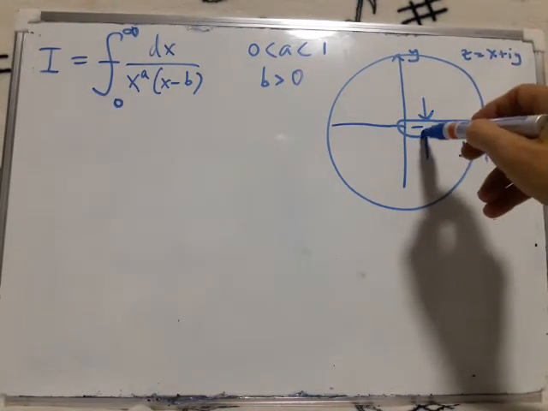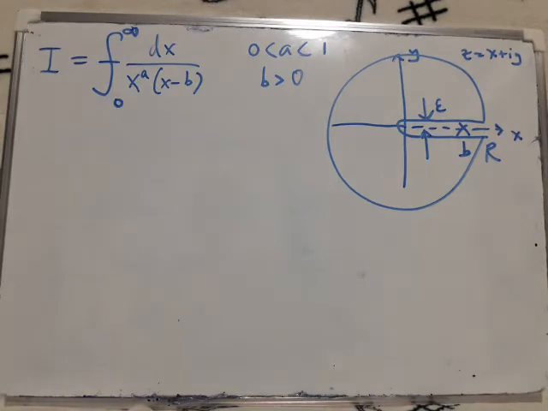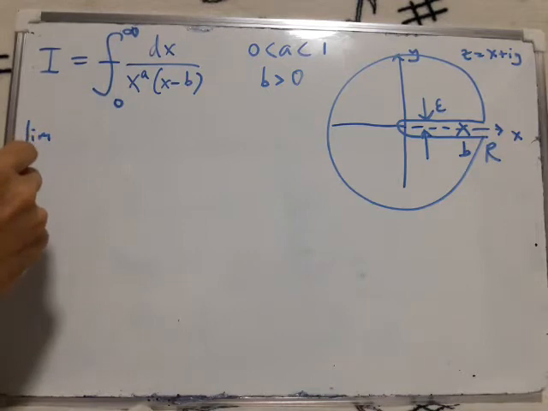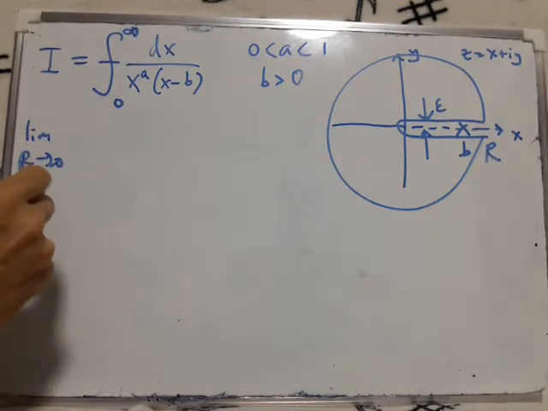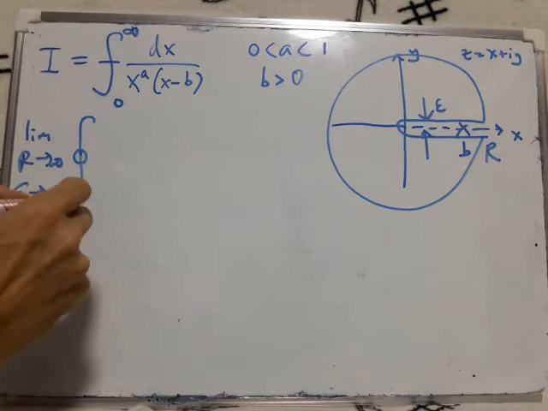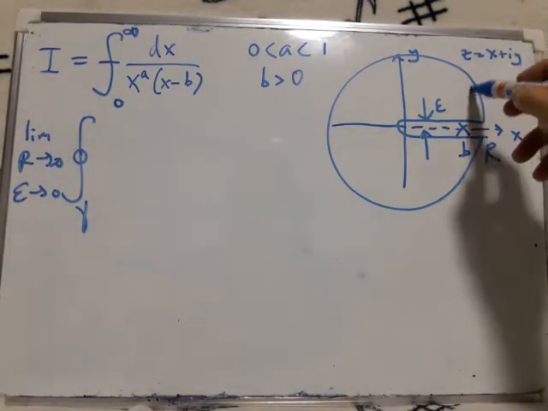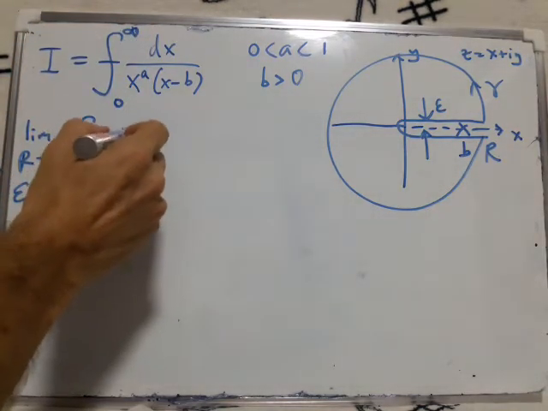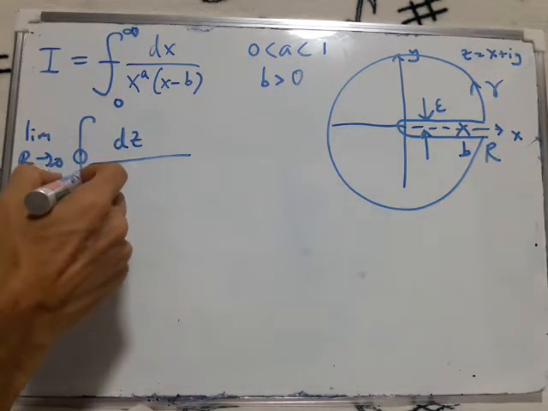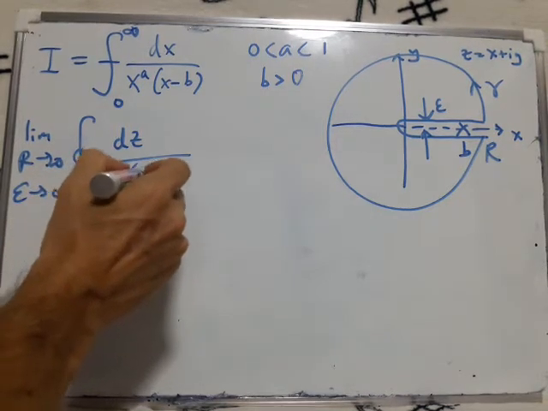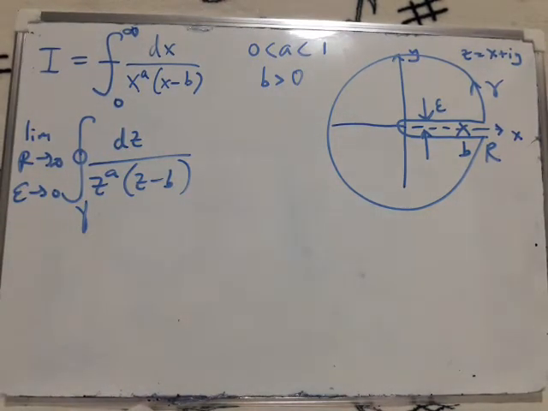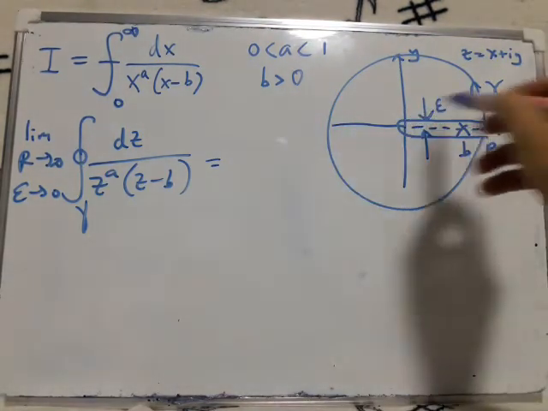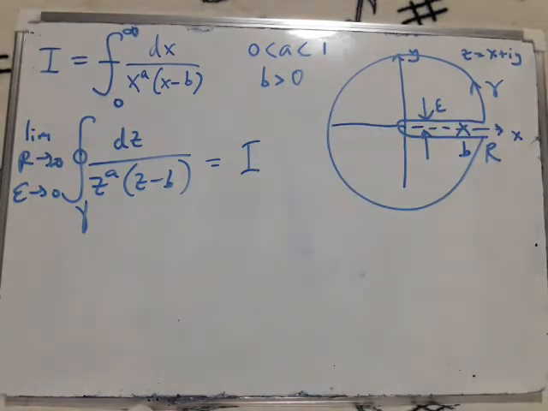As usual, this is distance epsilon, and we label our contour gamma, and we consider this integral with z instead of x. So the integral along here is just I, the integral we want.